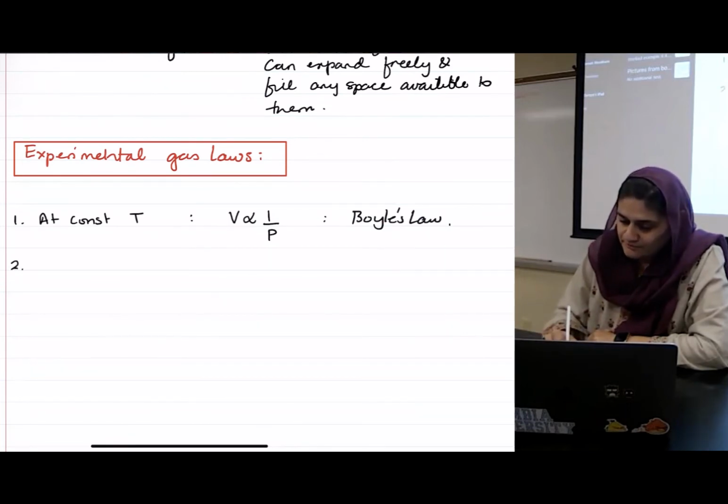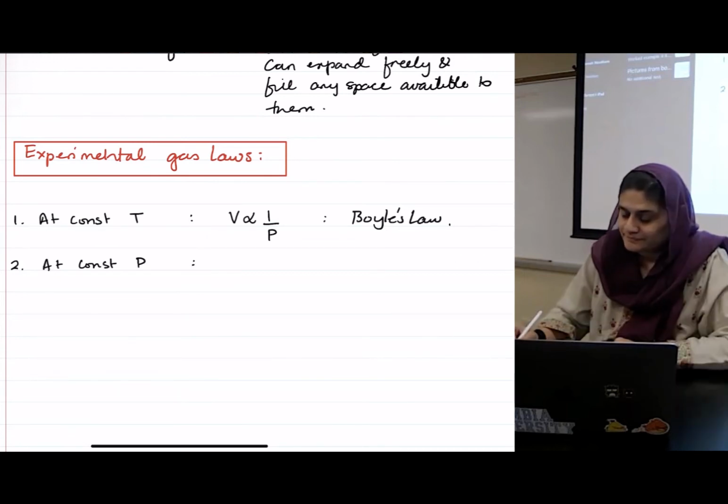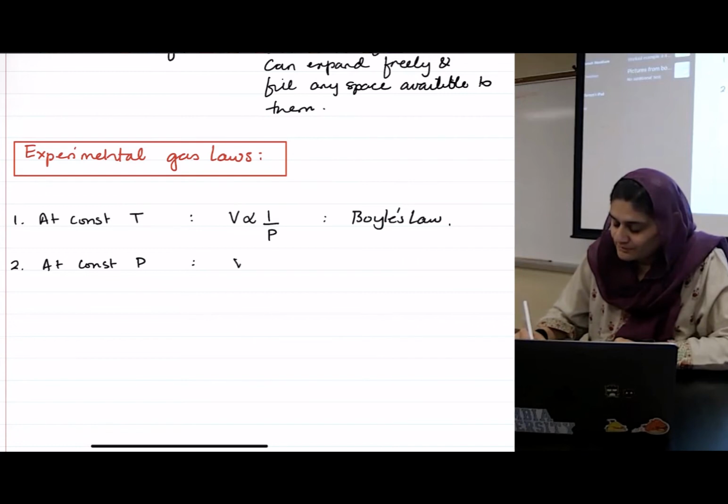Number 2, at constant pressure, volume is proportional to the temperature of any gas. That's called Charles's law.